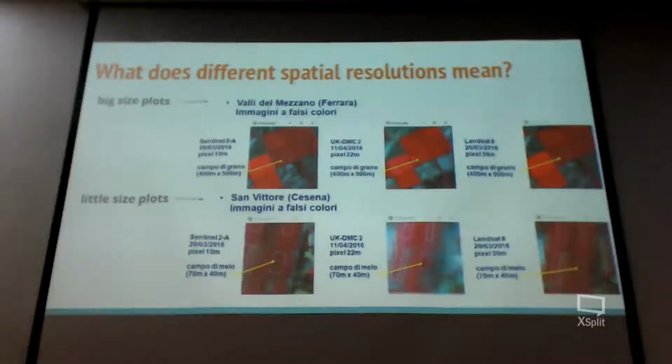And so if we find that the plot is irrigated, of course, the information belongs uniquely to that field.